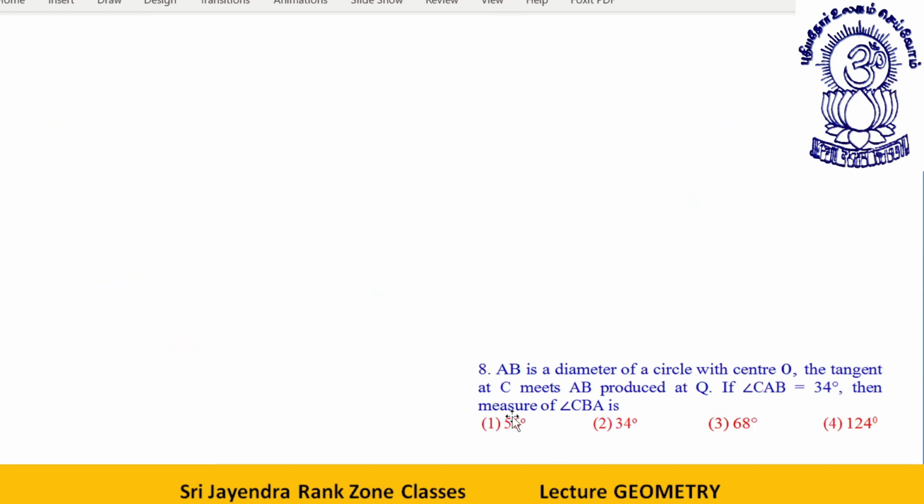AB is the diameter of a circle with center O. The tangent at C meets AB produced at Q. If angle CAB is equal to 34 degree, then you have to determine the measure of angle CBA. See, it's not that tough. Let me draw a circle.